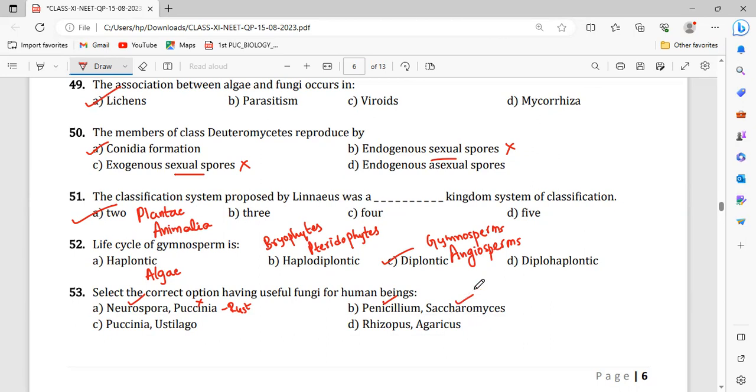Yes, it is also useful. Then again, Puccinia, it's not. Ustilago, it will cause smut disease. So even Ustilago is not useful. Rhizopus and Agaricus, if you see, Rhizopus causes bread mold. So Rhizopus is also not useful. Agaricus, it is edible. So answer is option B.